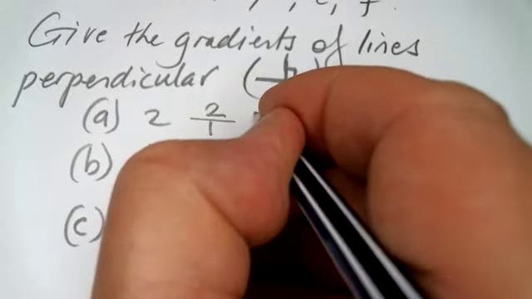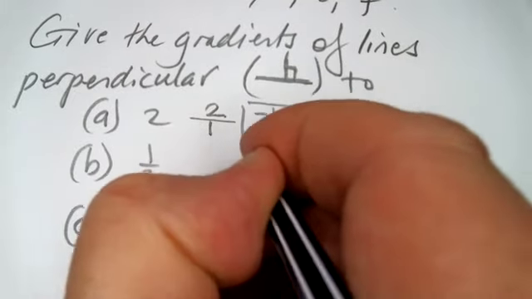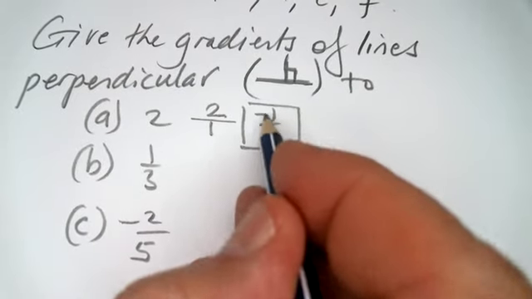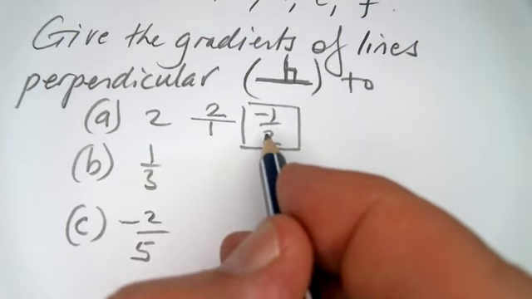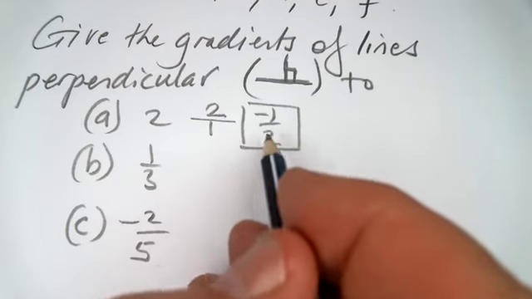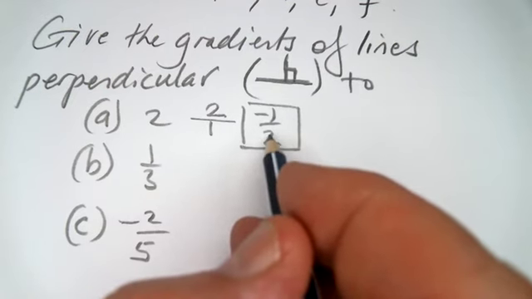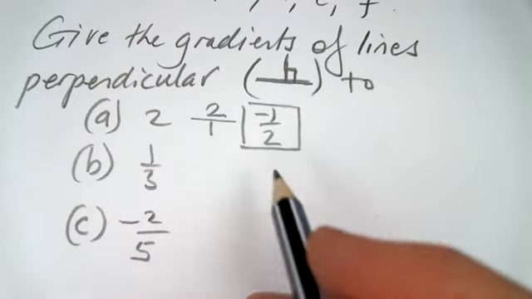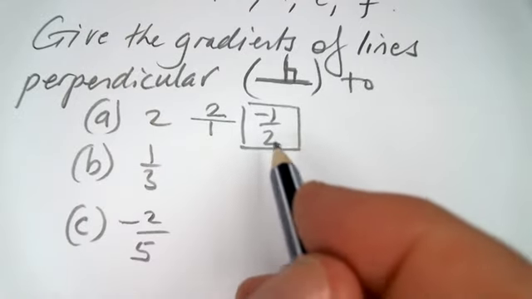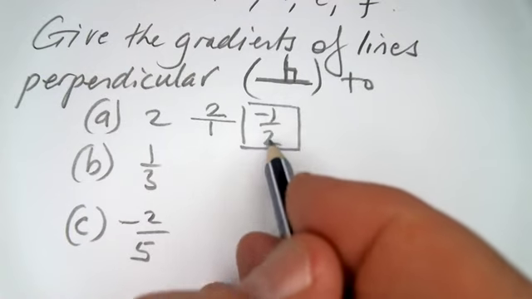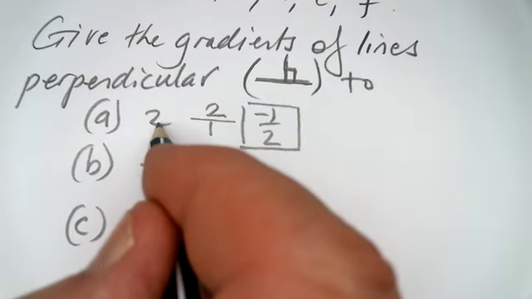And if I make it negative, then this is the answer here. So a line with a gradient of negative a half will be perpendicular to a line with a gradient of 2. And vice versa. If I took the negative reciprocal of negative a half, I would get back to 2 again.